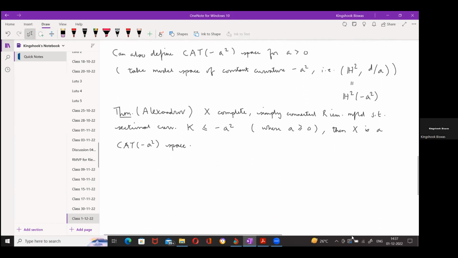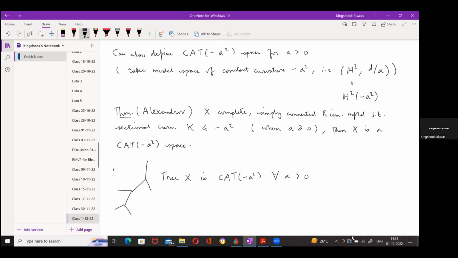For simple examples of spaces which are not manifolds, but which are CAT(-1), you can take trees, metric trees. Any tree is a CAT(-1) space. In fact, any tree X is CAT(-a squared) for all a positive. So in a sense, it is CAT(-infinity). In a sense, a tree has infinite negative curvature.